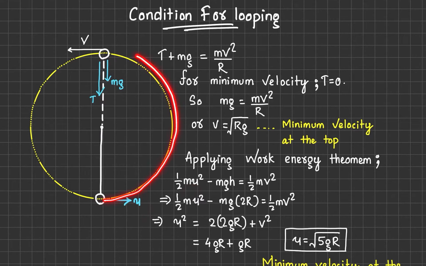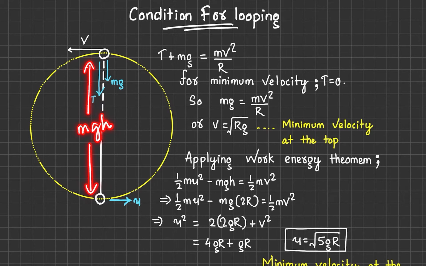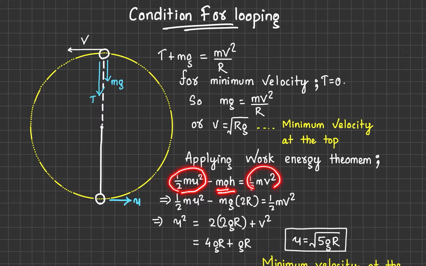As it moves up, it loses some kinetic energy and its velocity here is v, and hence at the topmost point its kinetic energy becomes half mv square. The amount of energy that is lost is only due to gravity, so we apply mgh. This is the work done by gravity. So from the net half mu square energy, gravity consumed this much amount of energy, so the remaining is half mv square. With this equation we can see it is in accordance with our energy conservation principle.